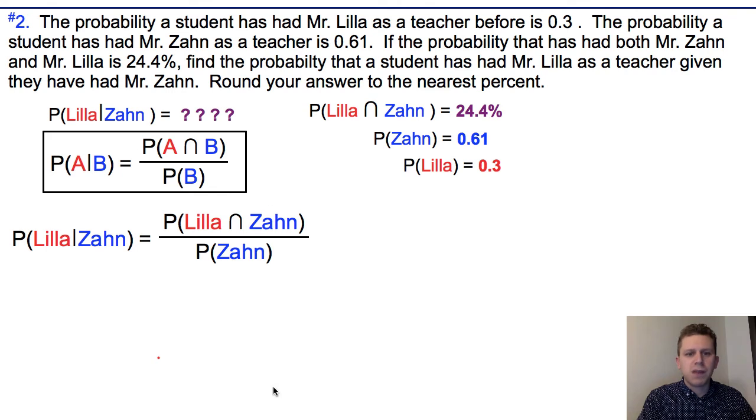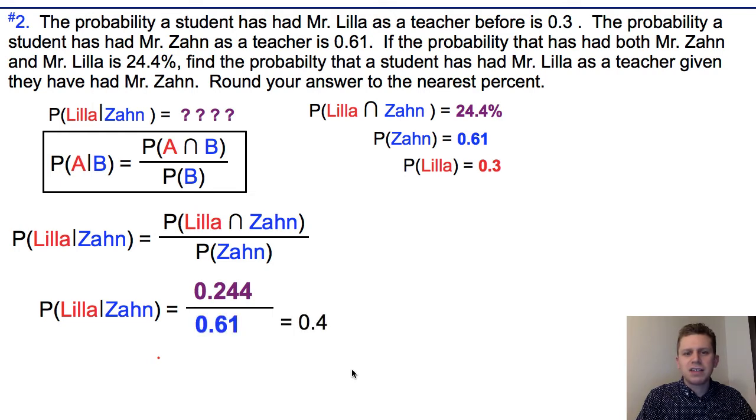Well, here I want to find the probability of Lilla given Zahn. So I'm going to set it up like this. The probability of the intersection, or when both of them happen, is 24.4%, which I'll write as 0.244, divided by the probability of Zahn, which is 0.61. When I divide these, I get a nice 0.4. That worked out pretty great.